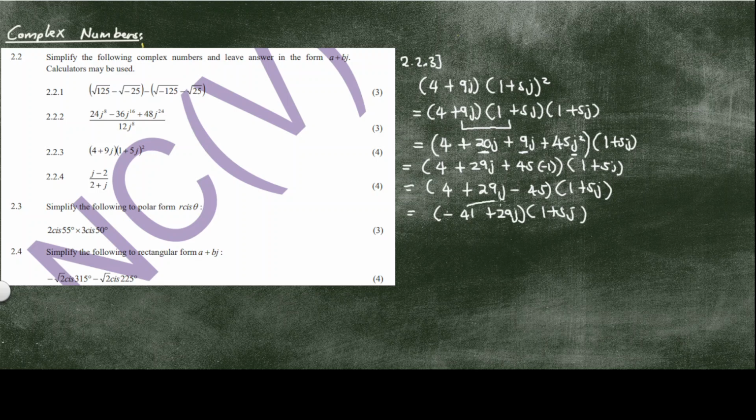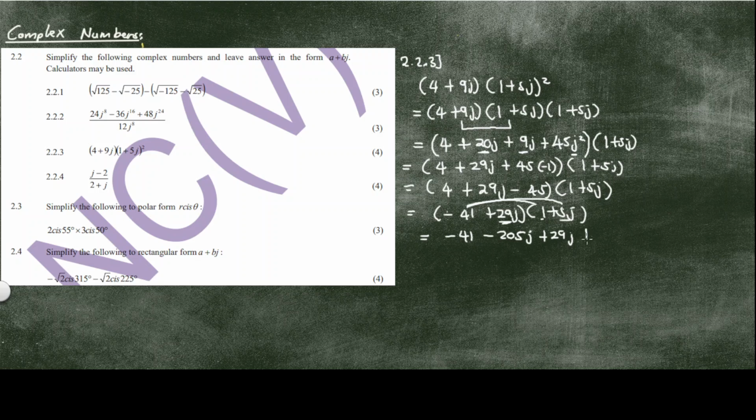Then we multiply. This times that, it's a minus 41. This times that, negative 41 times 5, it's a negative 205j, and then this times that gives us a 29j, and then this multiplies that.